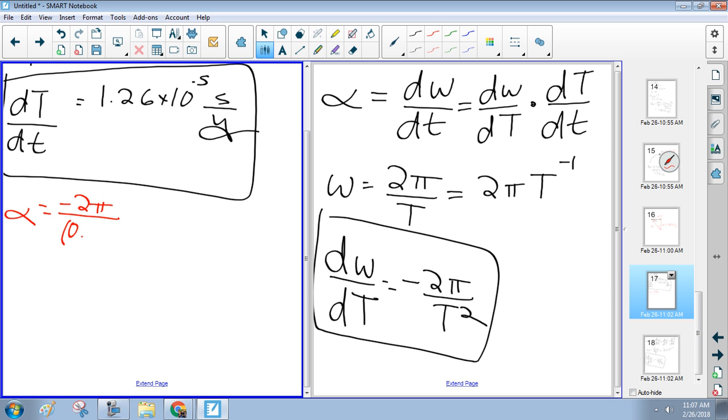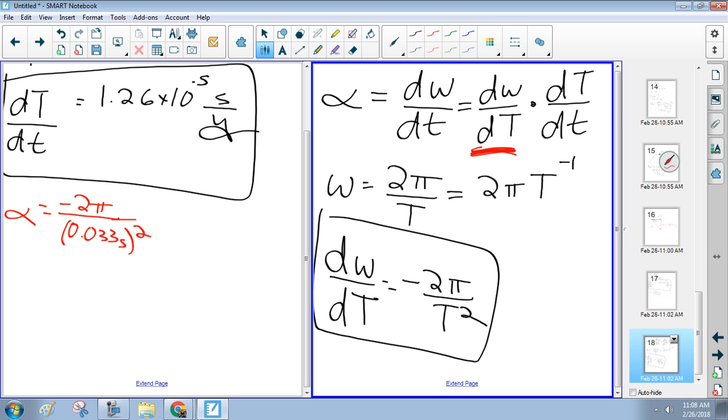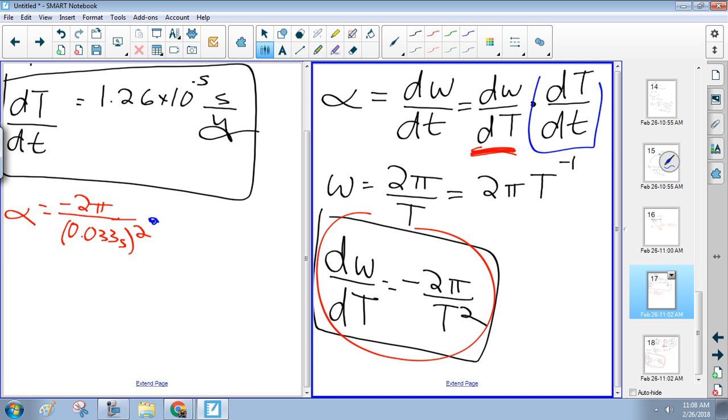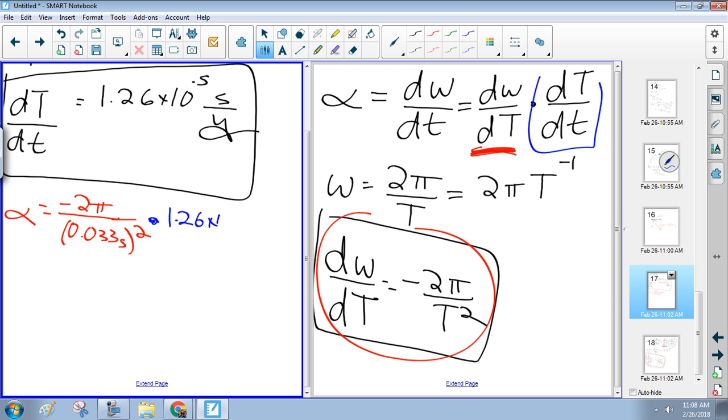Remember, T was 0.033 seconds. Don't forget to square it. That's times dT dt, which is 1.26 times 10 to the negative fifth seconds per year.